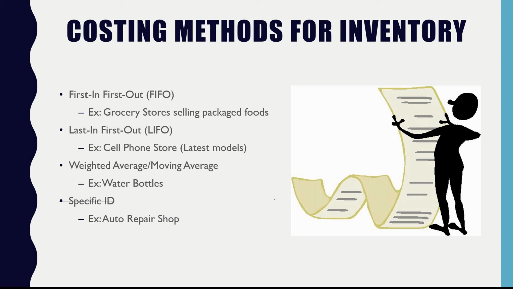So it doesn't matter what or when you purchase your inventory, or at what cost, because at the end of the day, we're going to calculate a total cost, sum up our total quantity, and distribute the cost amongst the total quantity to find our weighted average. So once again, water bottles at a grocery store are probably the closest thing you would most commonly see for a weighted average.